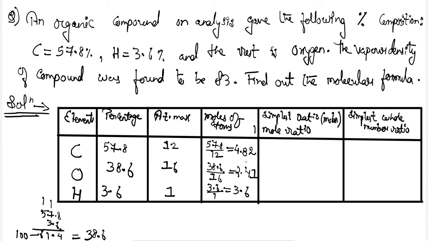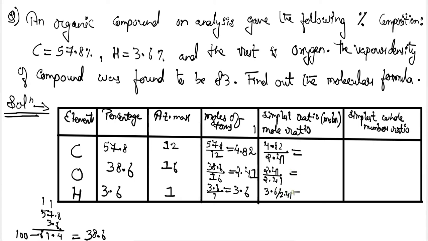Now we have to find the simplest ratio. First find the smallest number, which is 2.41. So 4.82 divided by 2.41, similarly 2.41 divided by 2.41, and last 3.6 divided by 2.41.